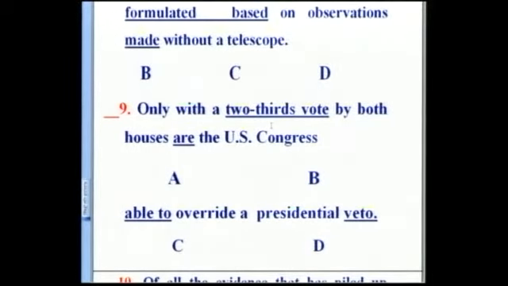This is how you think: With a 2/3 vote is a prepositional phrase, so I remove it. By both houses, where houses here means the Democratic and Republican parties in America, I also remove. So the base is: Only are the US Congress.